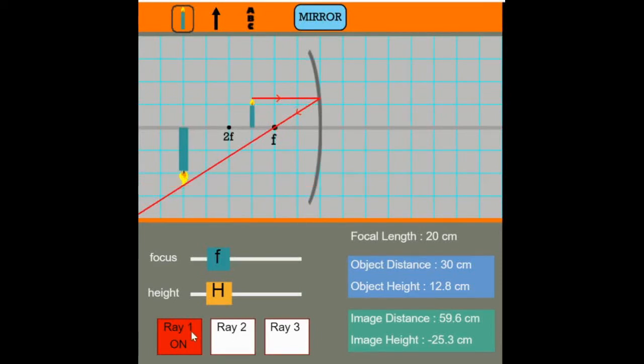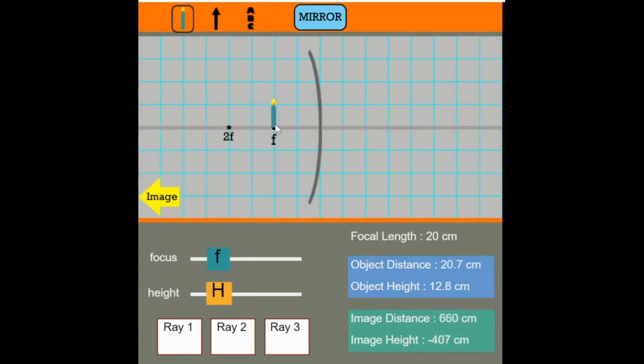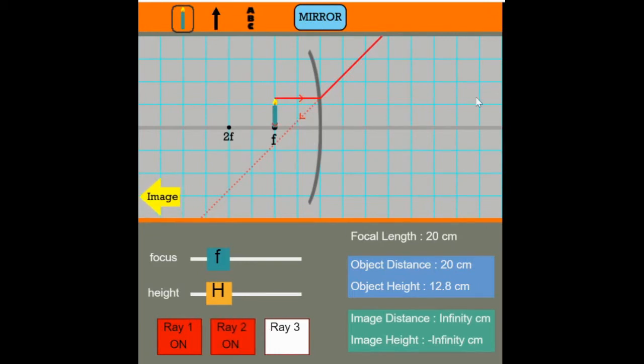Now we will see when an object is placed on F. So when the object is placed at F, this is the R1 and this is the R2.